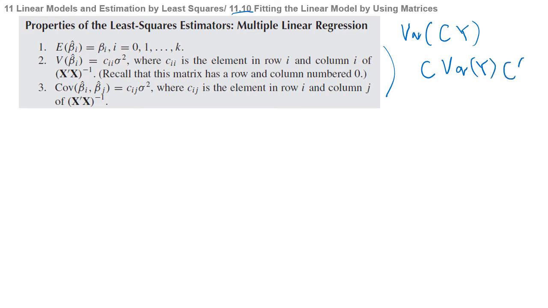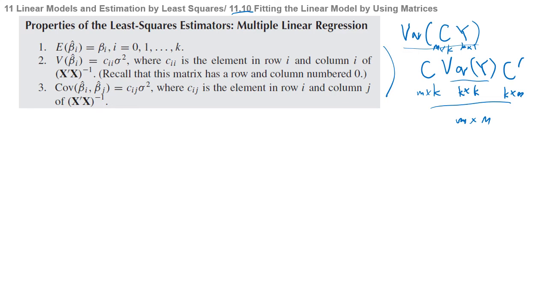Let's see whether this is correct. y is K by 1, and C is M by K. So the variance of y is K by K, C is M by K, and C prime is K by M. Okay, so the resulting matrix is an M by M variance matrix. And so let's check what it is.